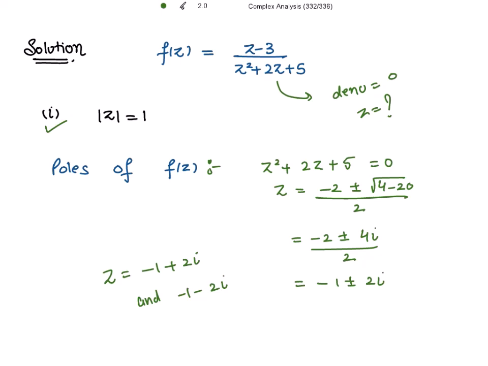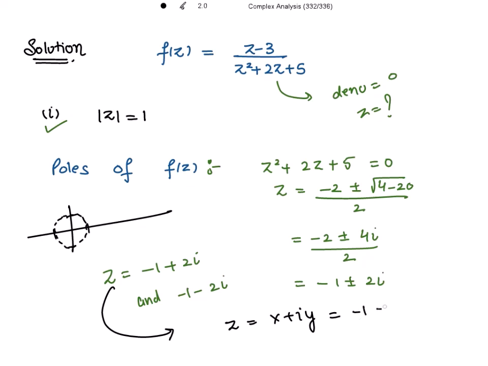Now we need to check which of these values lie inside the circle mod z equal to 1. So if I draw the unit circle mod z equal to 1, I am having this circle, right? If I take z to be x plus iota y, that is equal to minus 1 plus 2 iota.